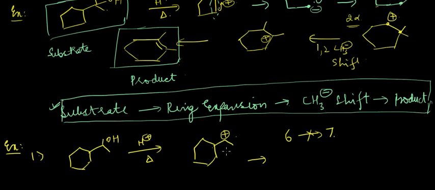Instead, we will get H minus shift, because presently it has only 3 plus 4 alpha hydrogen, and if we get the positive charge here, we will get something like 1 2 3 4 5 6 alpha hydrogen.